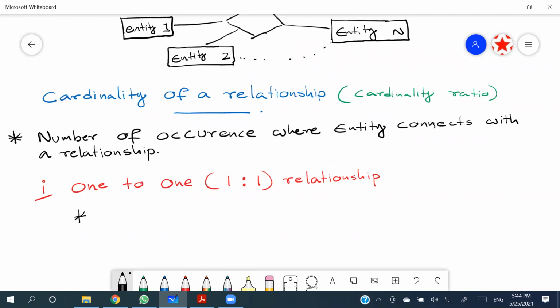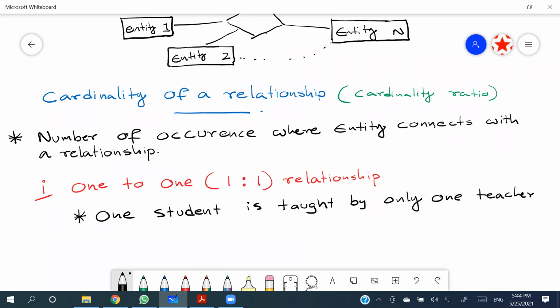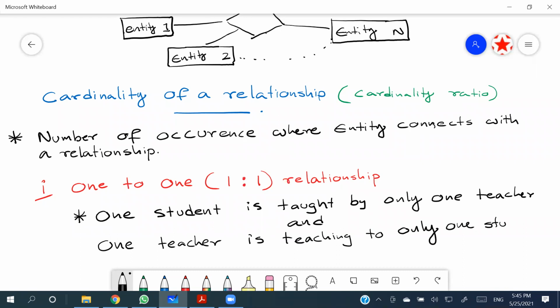In one case, we can say one student is taught by only one teacher, and one teacher is teaching only one student.